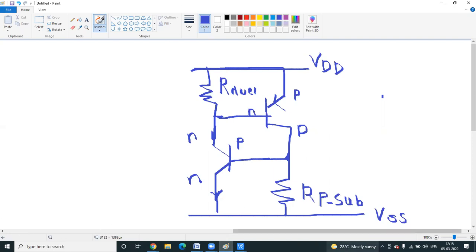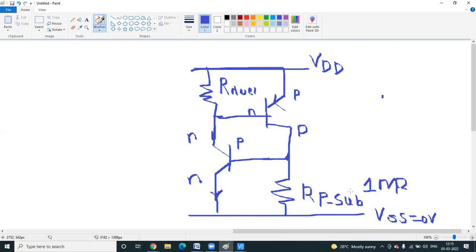Our main aim is to put the BJT in the cutoff region. Let's understand one point: VSS means 0 volt. RP substrate has very high resistance. Let's assume this is 1 mega ohm.